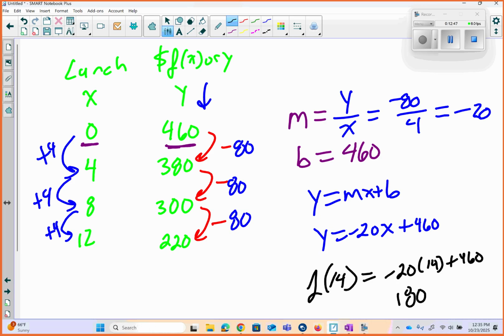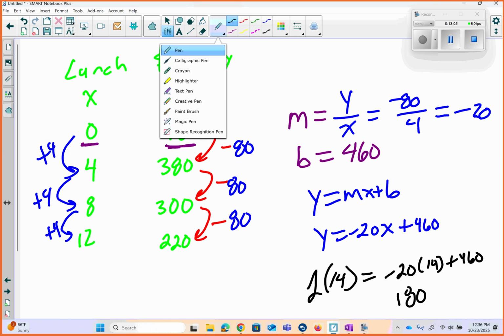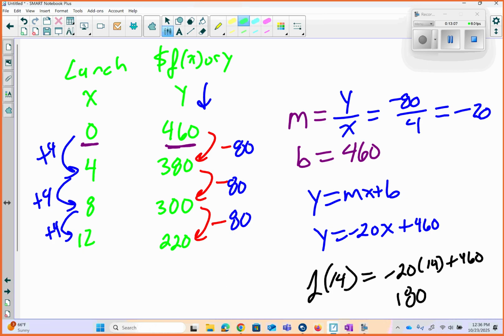All right. So what does the f at 14 kind of mean in the context of this problem? What do you think? What does this 14 mean? I'm just trying to get the context of it, and hopefully we can figure it out.